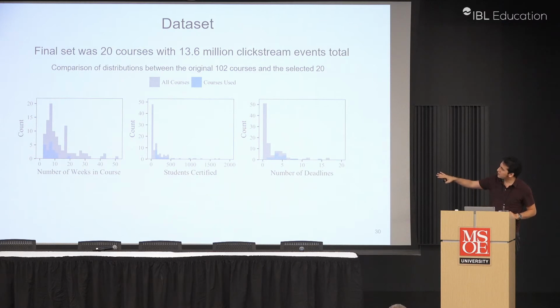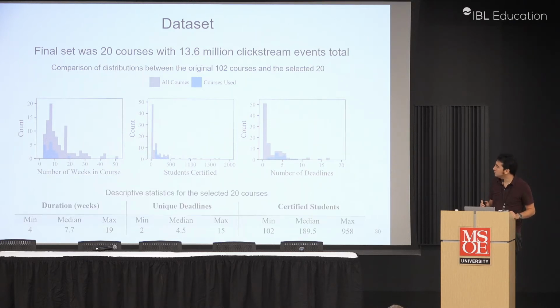Here you see all 100 courses we had, and then the subset we decided to use for this study, and upcoming studies using more. And then the median duration of those courses, unique deadlines, certified students. So there was some variance in the lengths of courses and so forth that you might expect, but the evaluation is still on how well our models generalize across courses of this variance.